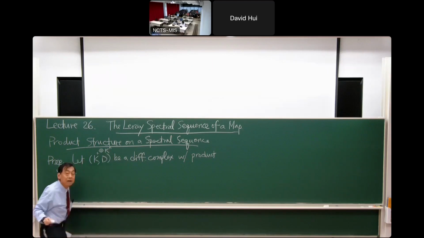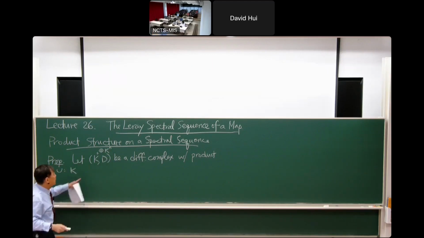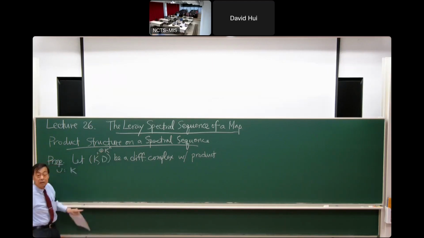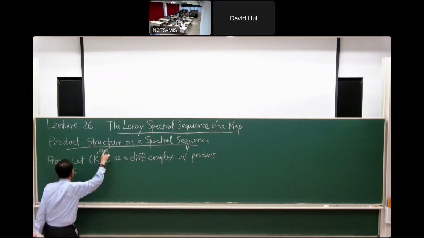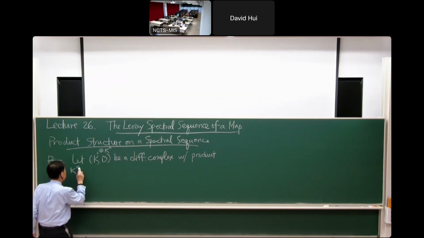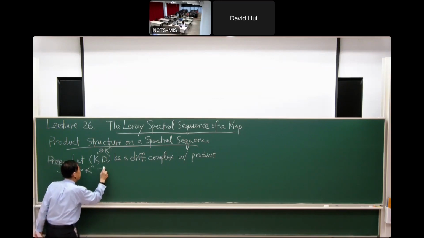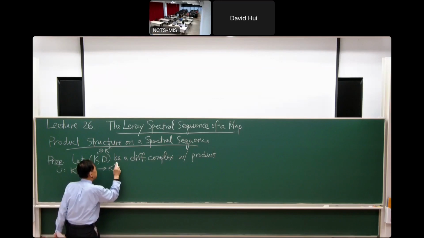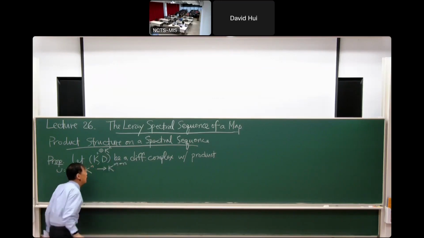So I write the degree n as a superscript, and I write the filtration degree p as a subscript. This n is the degree of an element in K, and the product takes an element of degree n and an element of degree m, and it gives you an element of degree m plus n.